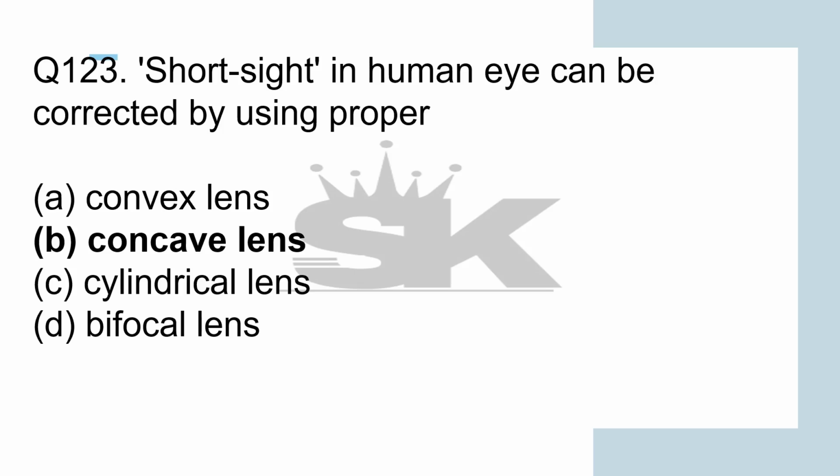Concave prescription lenses are used to bend light rays slightly to counteract the over-focusing tendency. As a result, the light rays focus further back in the eye on the retina. In general it is referred to as minus lenses. I will write it here.